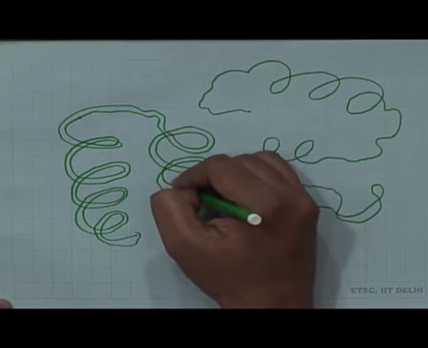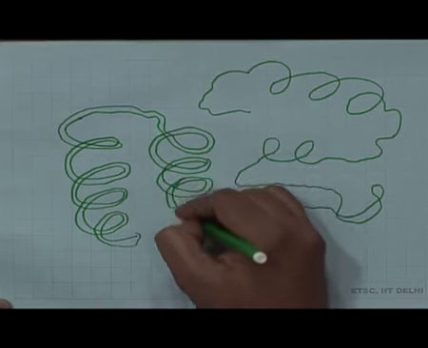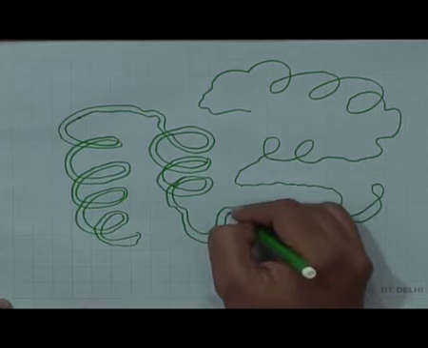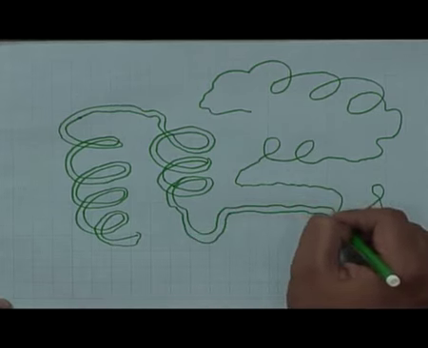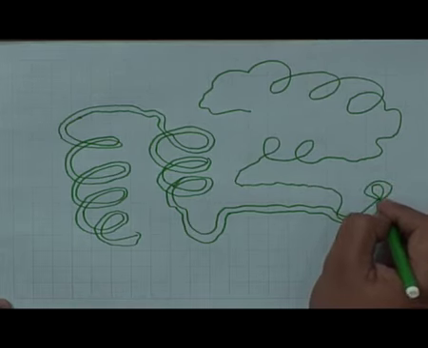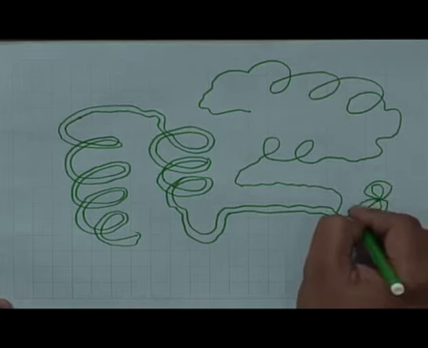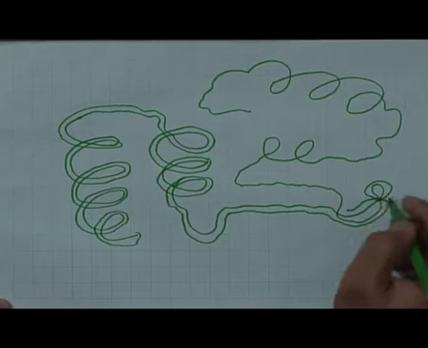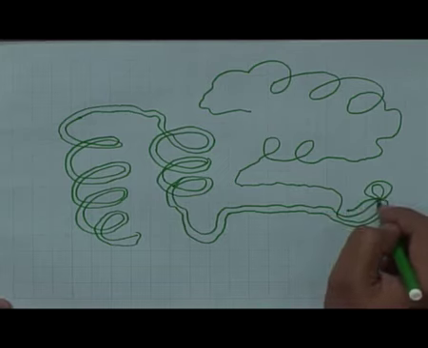So, this is the helix part, and here I am denoting the beta pleated sheet part.